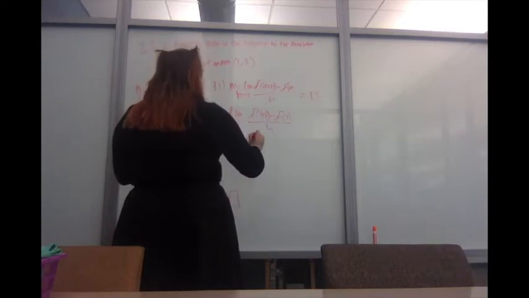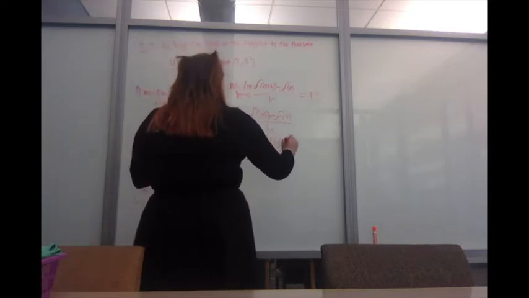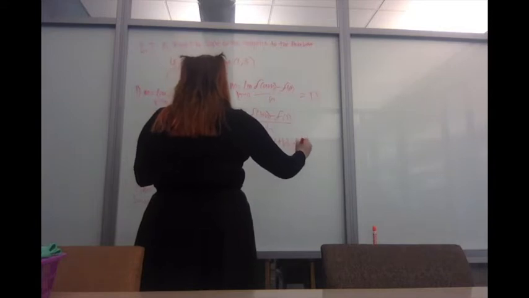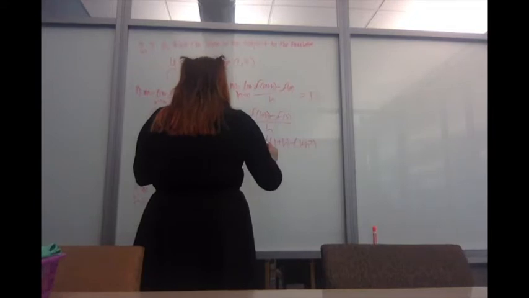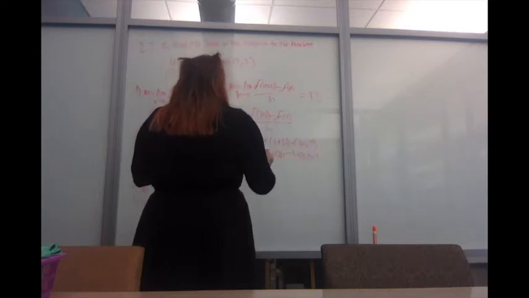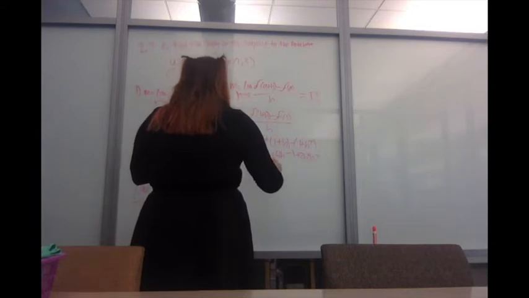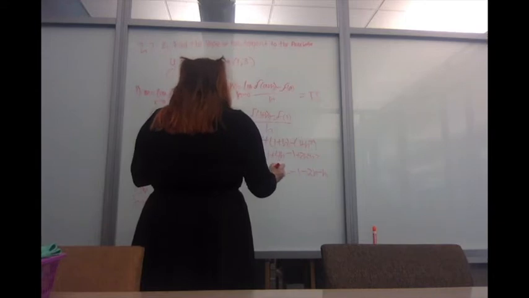That would be 4 times 1 plus h minus 1 plus h squared, and that becomes 4 plus 4h minus 1 minus 2h minus h squared.